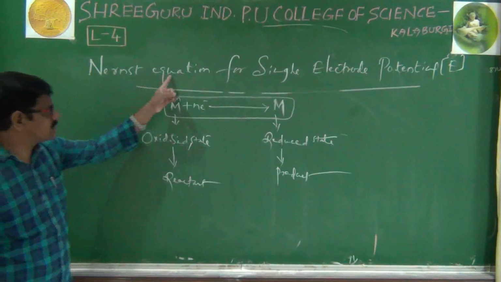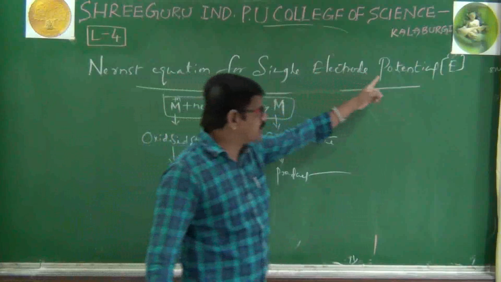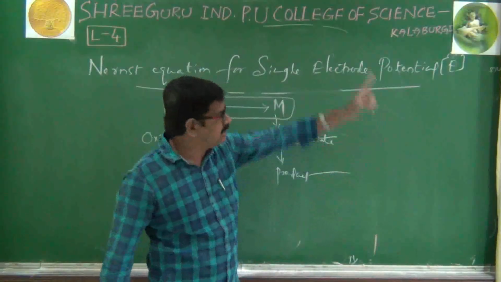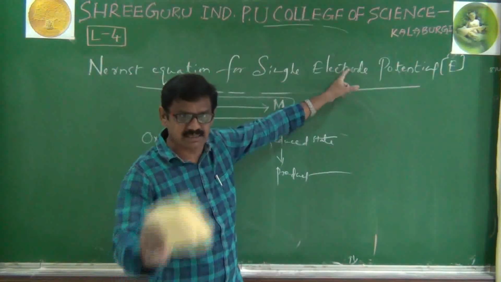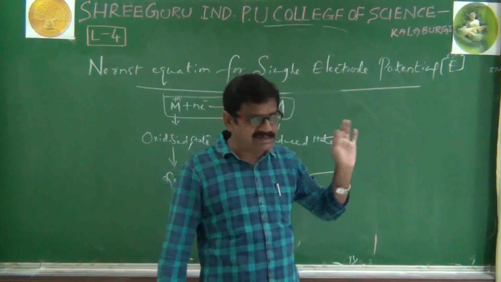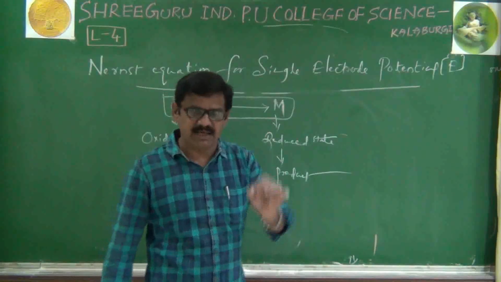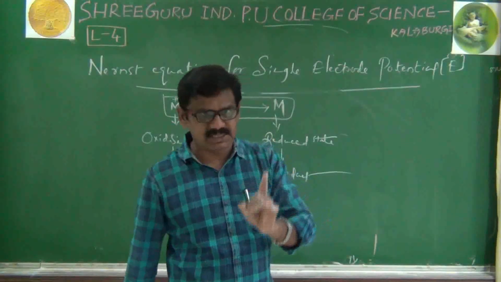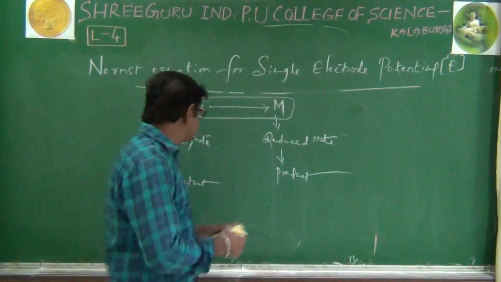Because the Nernst equation is for single electrode potential. Single electrode potential means which potential? Single reduction potential. That is very important. Whatever formula we are deriving here is exclusively to calculate reduction potentials only. Right.